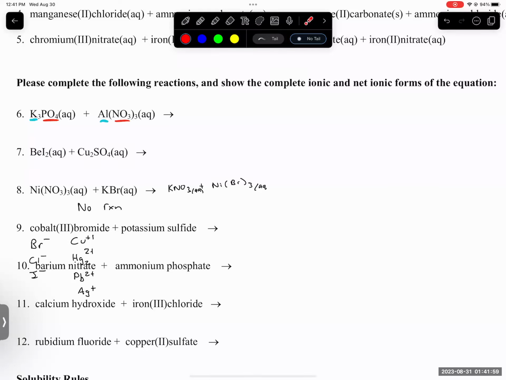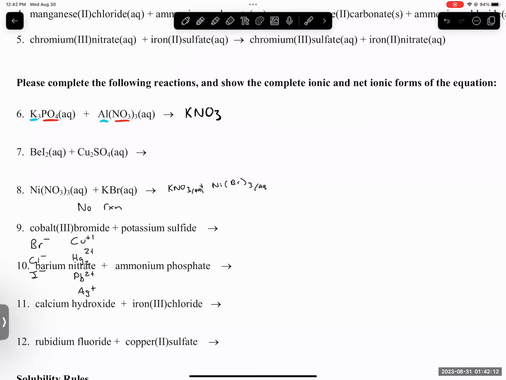So potassium is going to go with nitrate. So what would that product be? KNO3. Because potassium has a +1 charge, nitrate has a -1 charge, so they combine to just make KNO3. No parentheses or anything. What about aluminum and phosphate?